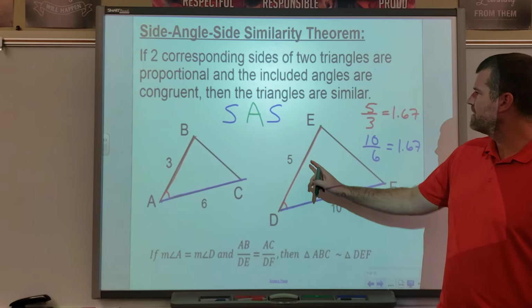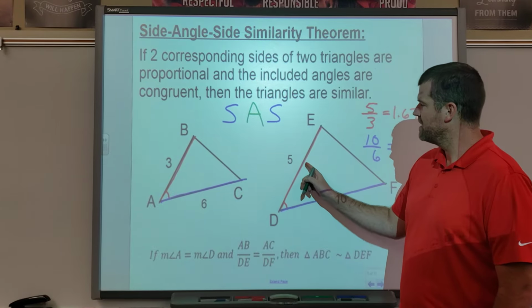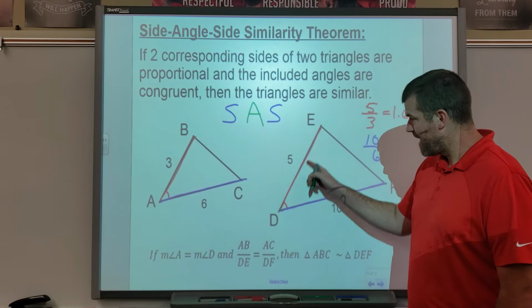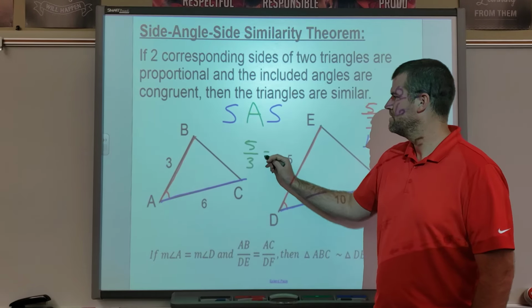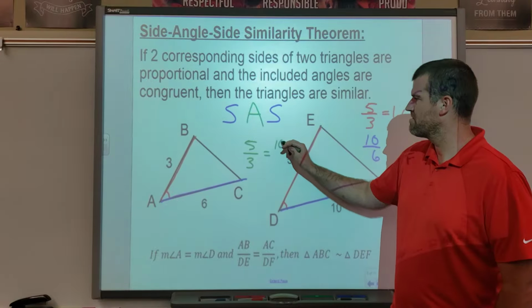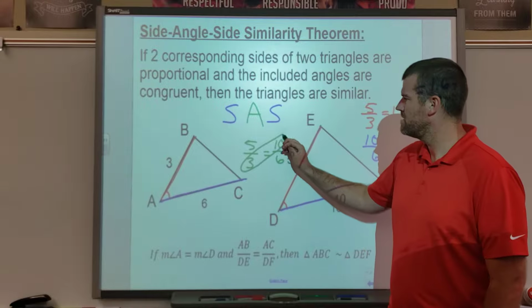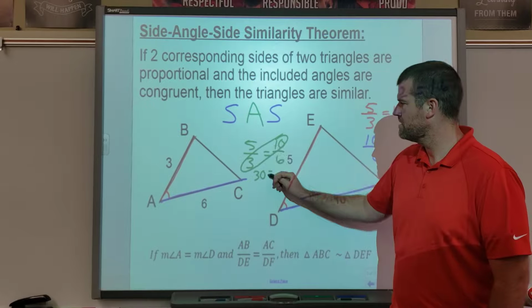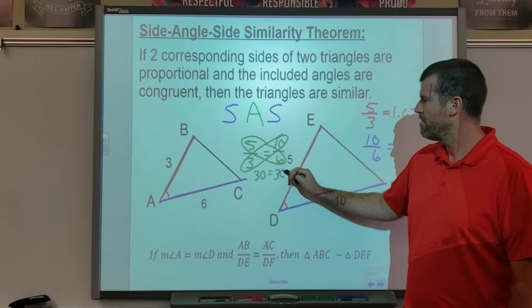But I could do something like longer of the, 5 over 3, right, because those go together, and set that equal to 10 over 6, because those sides also go together. And if I cross multiply, I get 30 equals 5 times 6, 30.